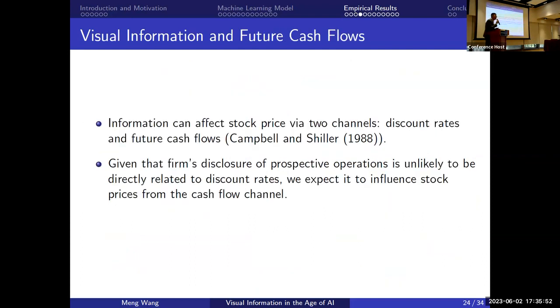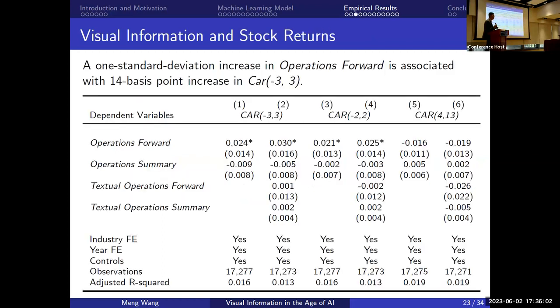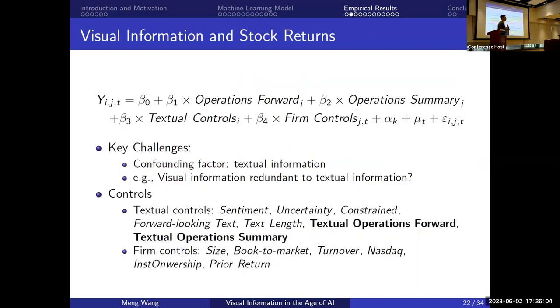Question: the visual information is not hard, but why does it come out positive for internal news? Why is there a problem? You're not targeting the visual information. That's a different concept, right?